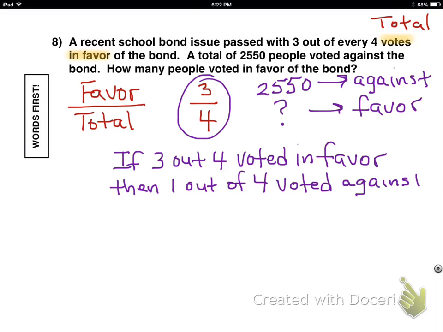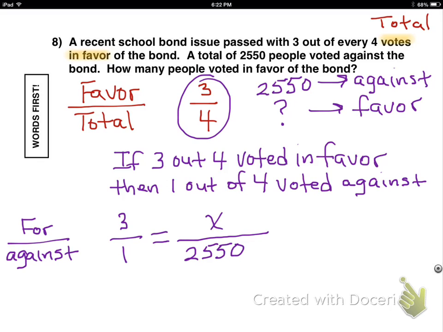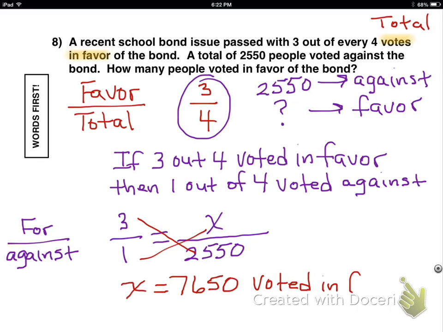So that gives us a new ratio. We can now write the ratio of those for and those against, or 3 to 1. Because now we know that 2,550 voted against, that will go in the denominator, and we're looking for x, which is in the numerator. And we'll solve by cross-multiplying, and we get x equals 7,650 votes in favor.